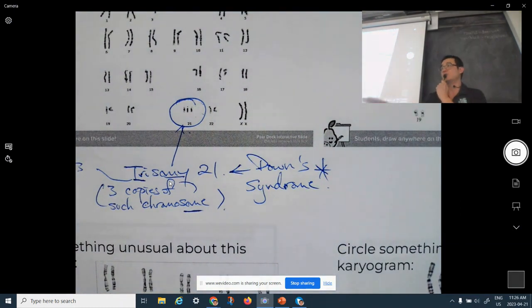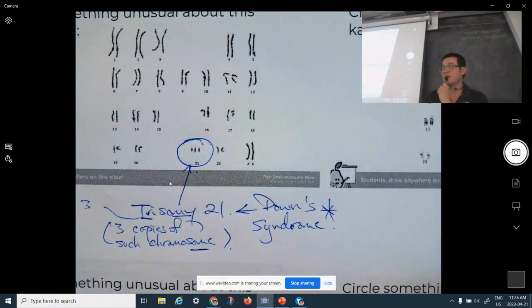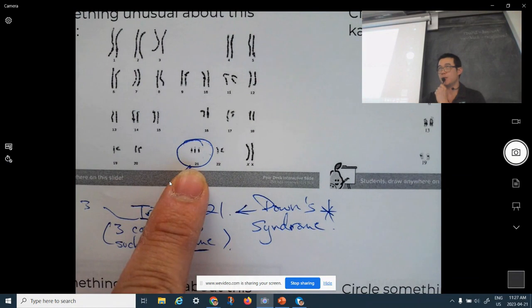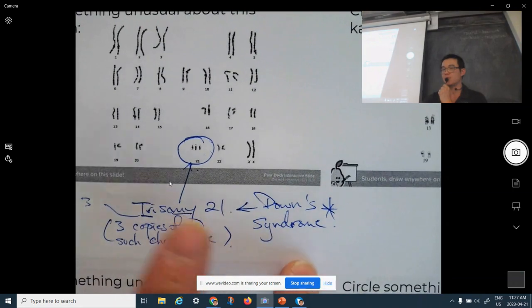I could totally show you a karyotype of someone and ask you what's peculiar about it. It might be chromosome number 21. Then in this case, you are expected to know it's Down syndrome, but it could be other conditions, but I won't expect you to know the name. Name-wise, I do expect you to know 21 is Down syndrome.